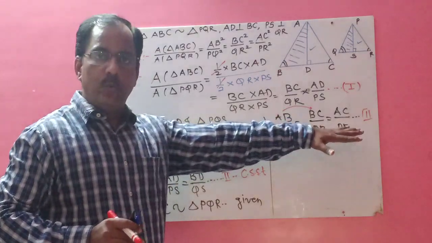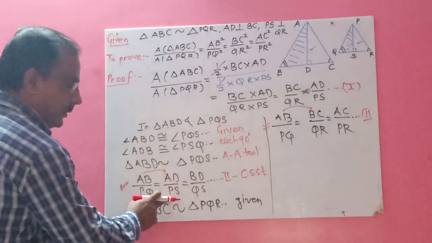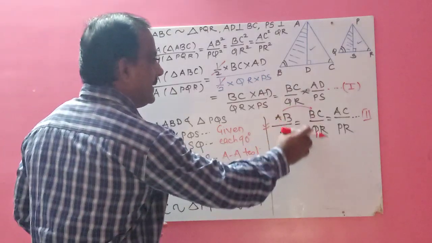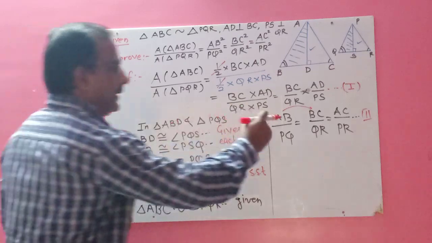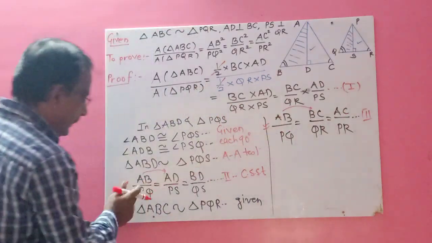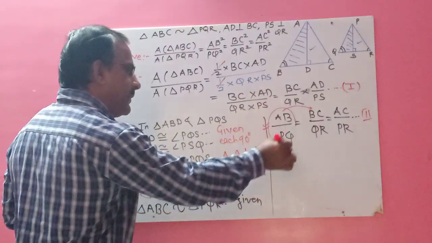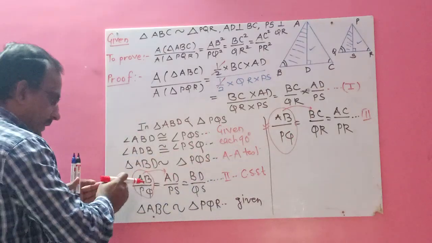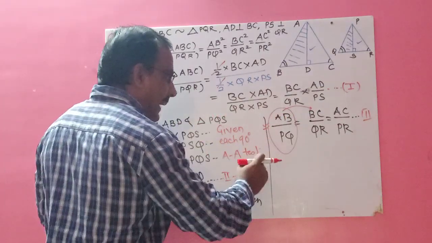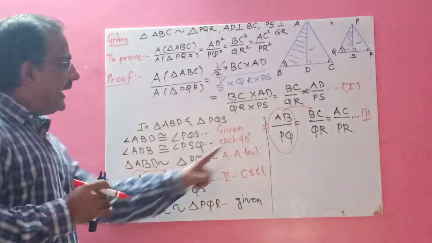I will write only the two which I require. Means I am writing this AD upon PS is equal to BC upon QR. As I said, children, this all is equal to all because AB upon PQ is present here and AB upon PQ is present here. So from 2 and 3, you can write this all is equal to this. But I am not writing all that part. I am writing only this because that I need.